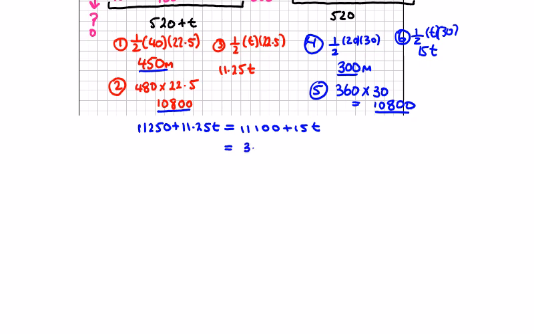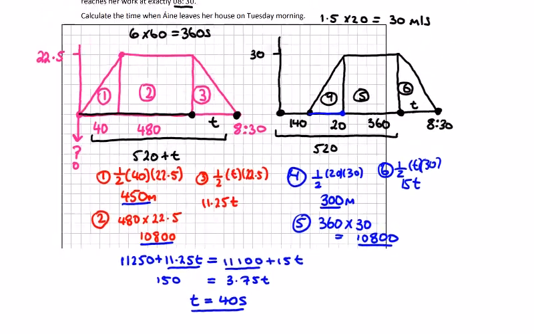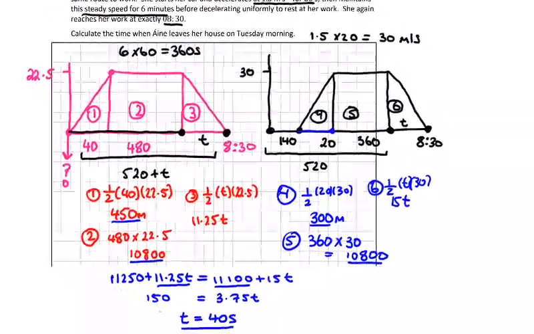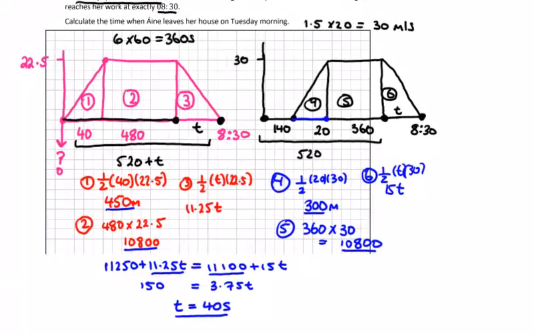So we'll get 3.75T if we bring this guy to the right, bringing 11,100 over, a difference of 150. So 150 is equal to 3.75T, and T is 40 seconds. So what does the question ask? Calculate the time she leaves her house on Tuesday morning.